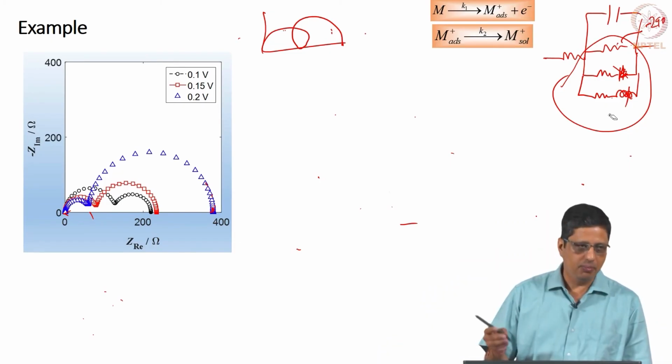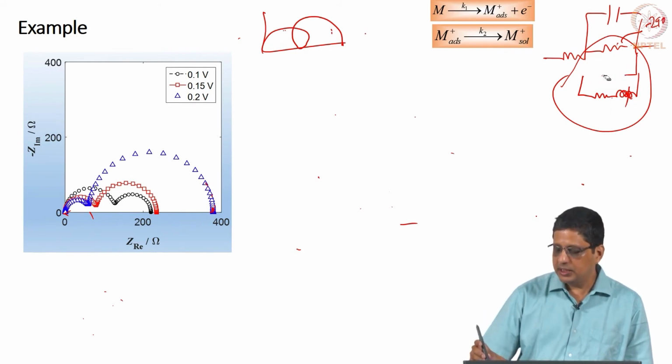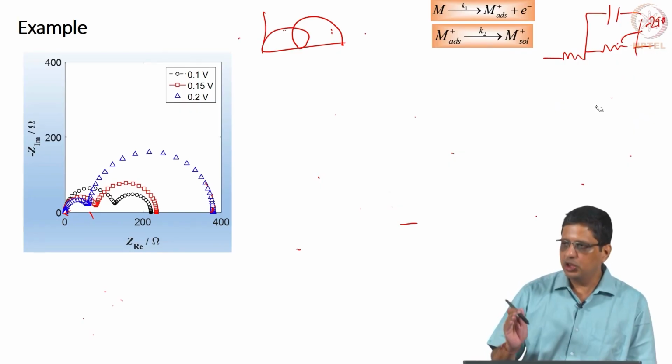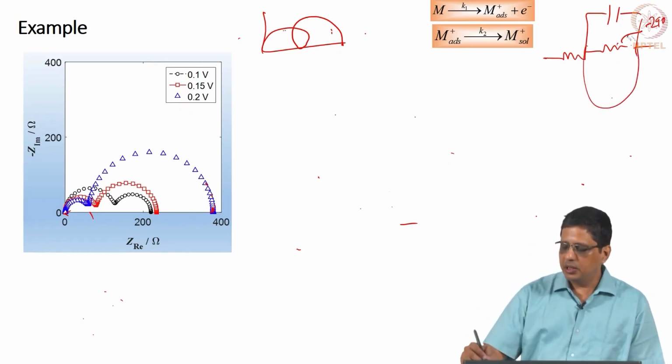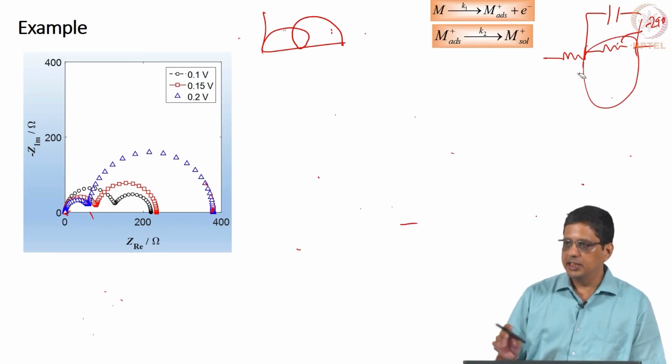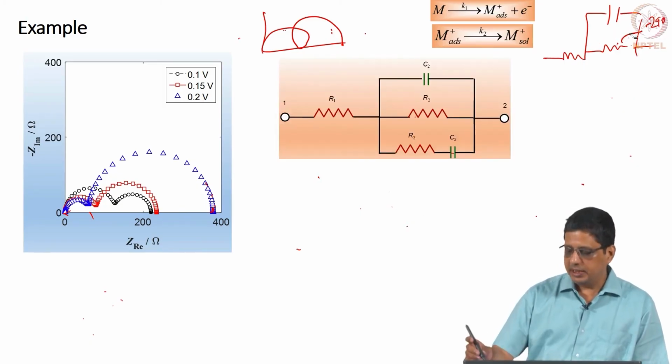If you have a film on the surface and you are modeling the film plus reaction, then you may get an inductor and you may not have a choice, that is different. When you assume there is only a simple reaction without any further film formation and so on, then this part which represents Faradaic impedance, it is better to keep it as a set of inductors or a set of capacitors. Usually we keep it as a set of capacitors, but you should not mix up.